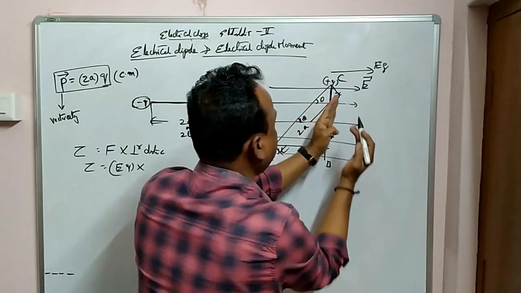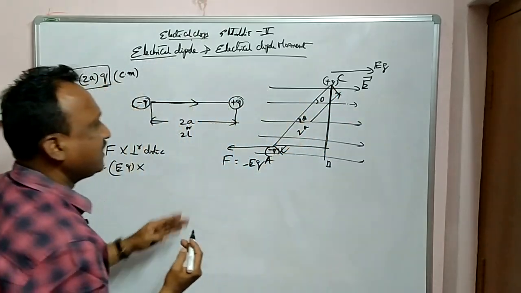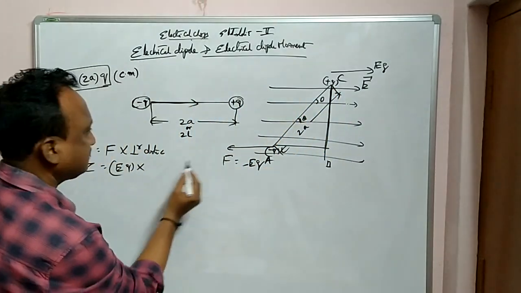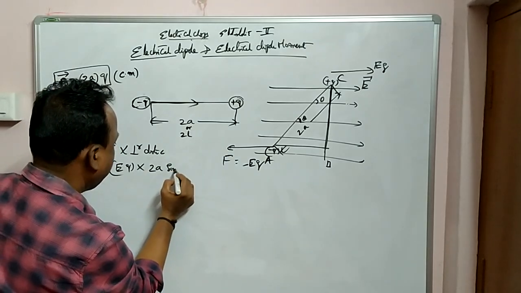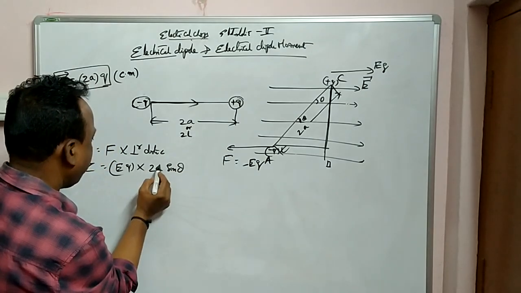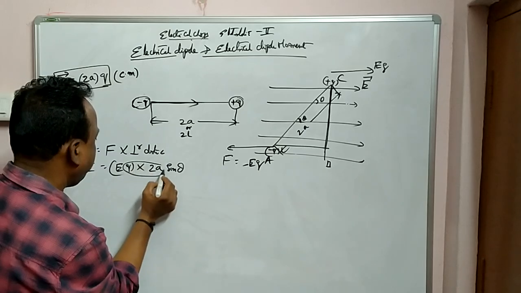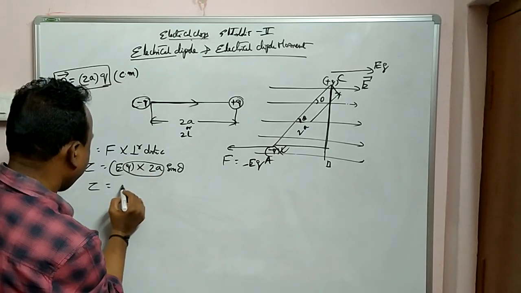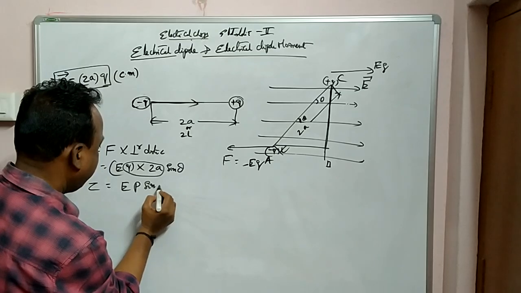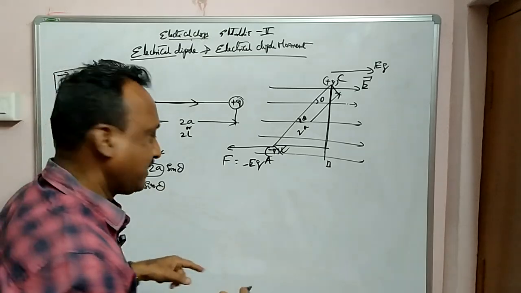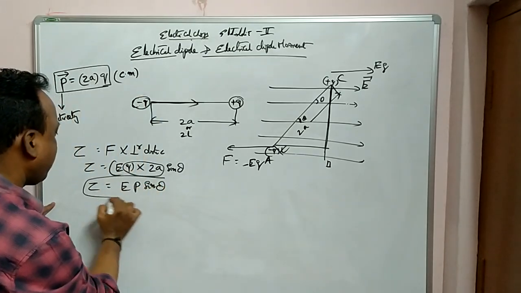Theta ki ఏ side? Opposite side. Okay? So 2a sin theta. But you know what is 2aq? P. So torque is equal to EP sin theta. Clear? See, one formula you got now.